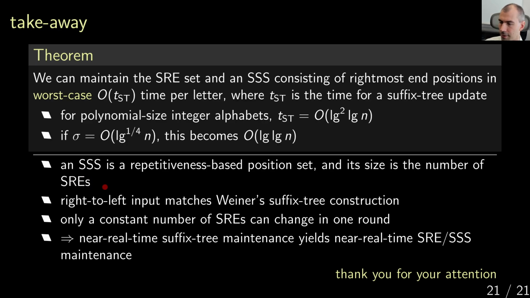What we use is right-to-left input that matches Weiner's suffix tree construction algorithm, but again we can do it the other way around from left to right, but it's a little bit more technical. We have seen that we only need to maintain or update a constant number of SRE changes. And so the takeaway is that near real-time suffix tree maintenance yields near real-time SRE and SSS maintenance.